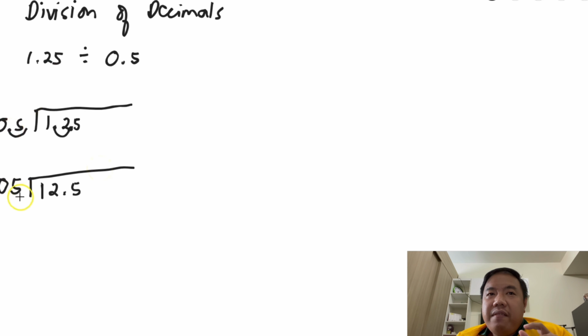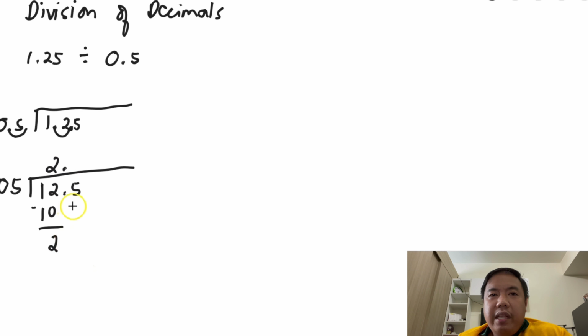Now, isa-isay na natin. How many 5 are there in 12? Ilang 5 po meron sa 12? Dalawa. Very good. So the answer is 2. Then multiply. 2 times 5 is 10. And then subtract. So that will give us 2. And since the decimal is already there, ilagay na natin siya dun sa taas.